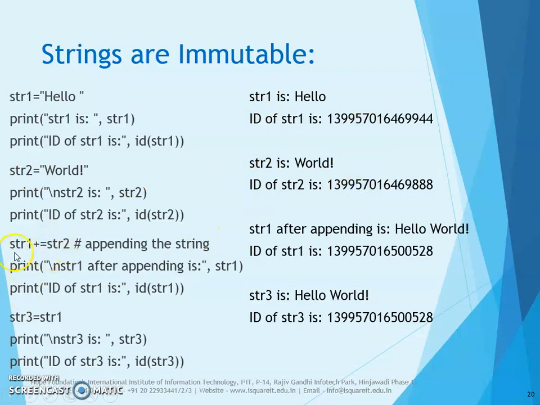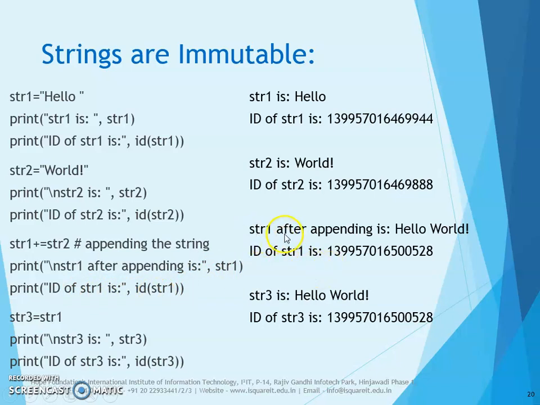Now we'll go to the next line. What is written? str1 plus equals. We are appending the string stored in str2 to str1, meaning we want the result as hello world. We are using the appending operator. Now we are trying to print str1 after appending, the new data stored inside str1, and we are displaying the address also.